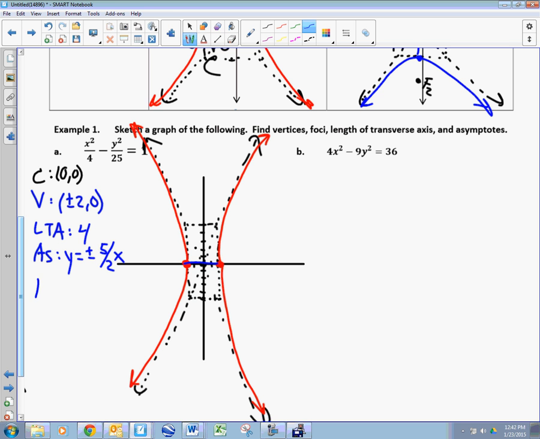And now your foci. What equation do I use? A squared plus B squared is C squared. What is A squared plus B squared? Which is 29. So therefore, C squared is equal to 29. So C is equal to the root of 29, which is approximately 5.5.